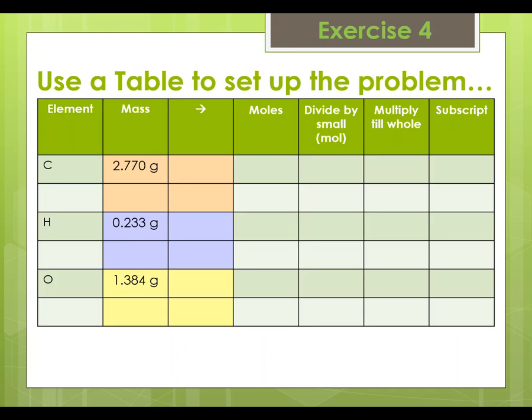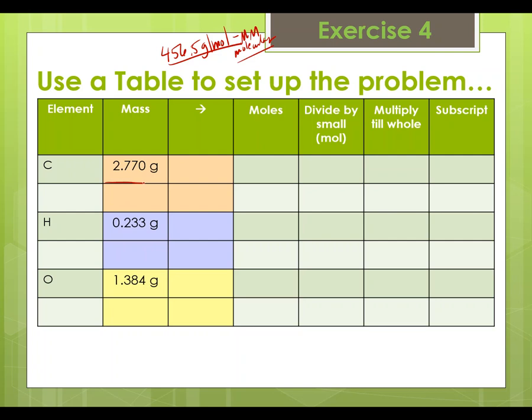First thing to do is set up your table. You get to skip the percent part. You go straight to mass. Okay, I'm going to write this up here, the 456.5 grams per mole, because I'll forget that number. This is my molar mass of the molecular. All right, we'll need that later.